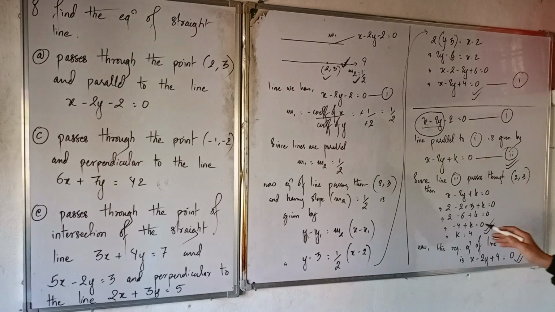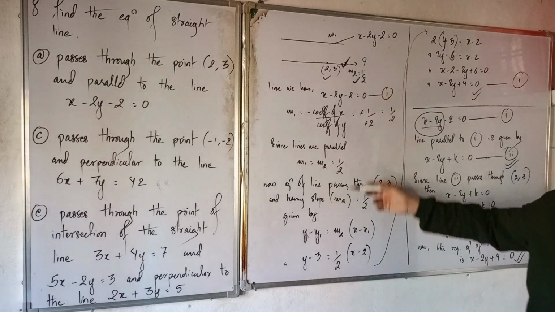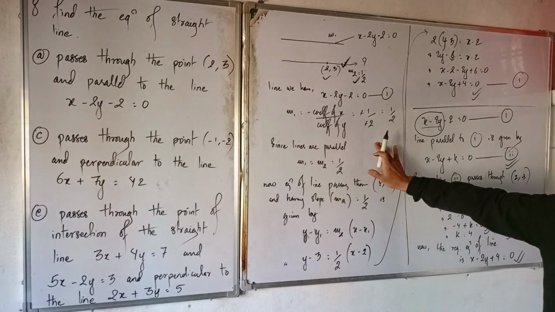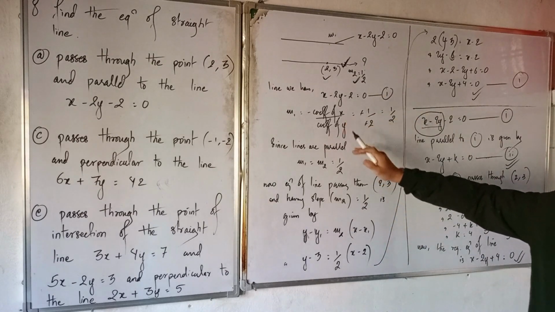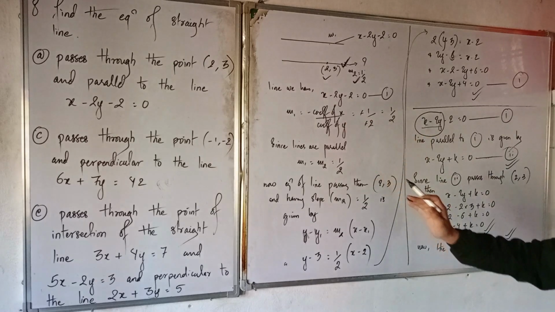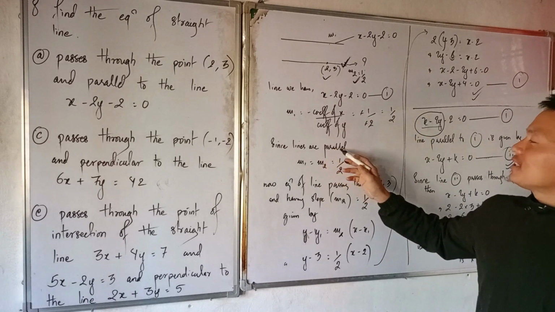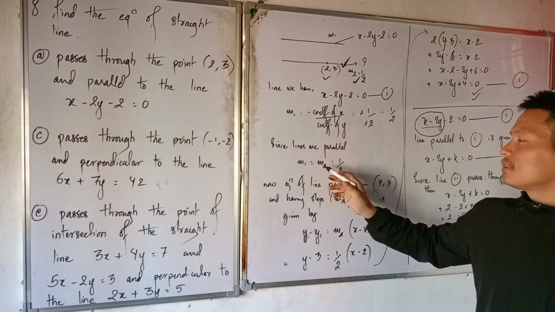Without further delay, I'm going to start 8C now. This one is the shortest and most convenient way. If you find this way more comfortable, you can do it this way. First find the slope; if the lines are parallel, then m1 must equal m2.